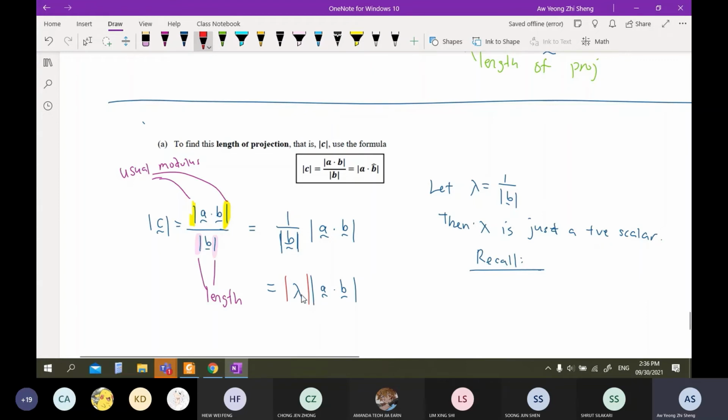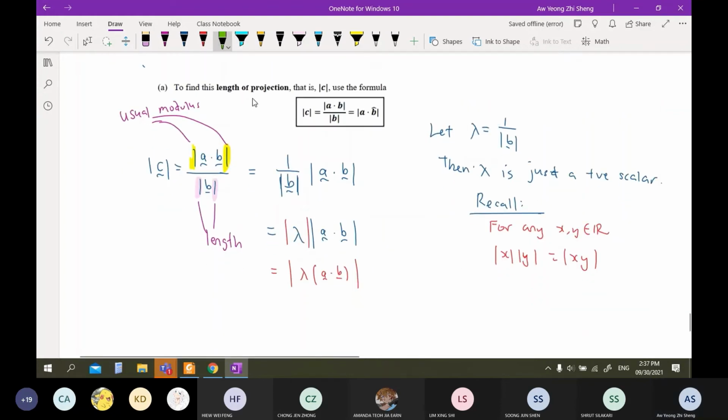The red color modulus is a usual modulus. The blue color modulus is also a usual modulus because A dot B is a number, lambda is a number. So recall for any x, y in R, modulus of x times modulus of y is equal to modulus of xy. That allows us to combine the two modulus. So I have modulus of lambda times A dot B.